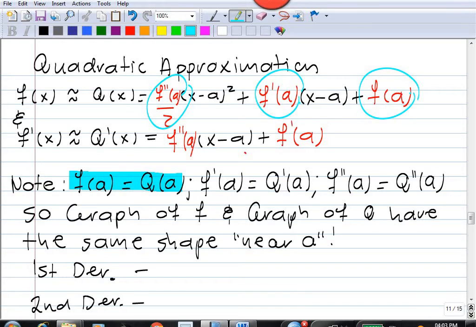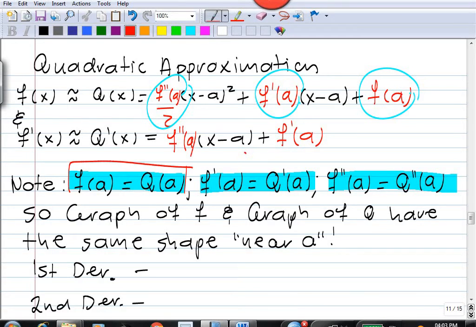Now note that f of a is q of a, as mentioned, and also the derivative of q at a is equal to the derivative of f at a, and likewise the second derivative of q at a is equal to the second derivative of f at a. And this tells us that the graph of f and the graph of q have the same shape near a.